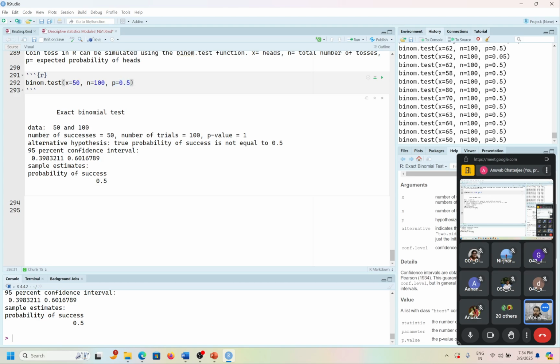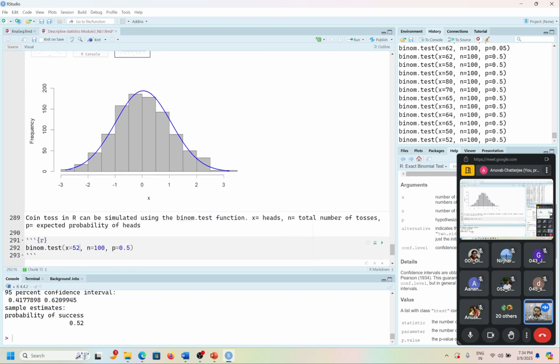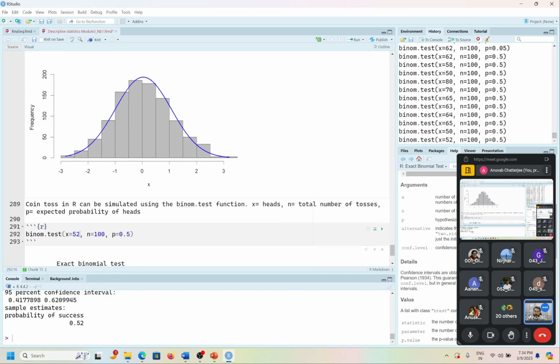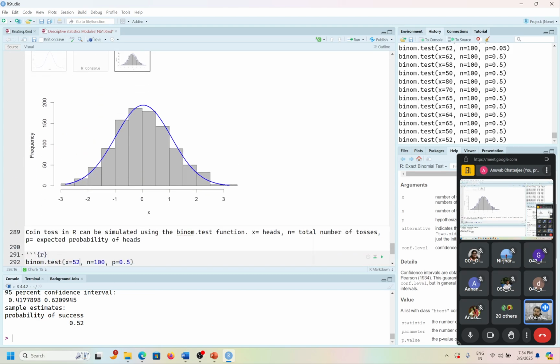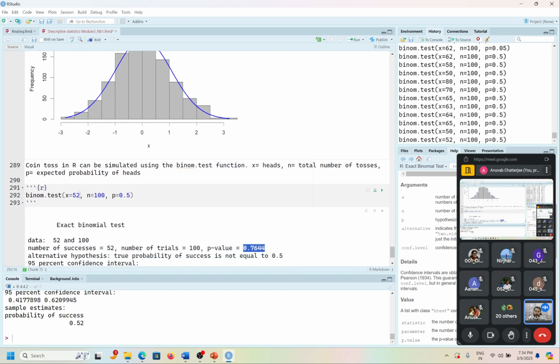So if I actually start increasing now, if it was 52, you see the p-value changed. You now have a p-value of 0.76. If I plot, imagine this to be the number of heads and tails, most of them should have been here, but now your data point is somewhere over here.